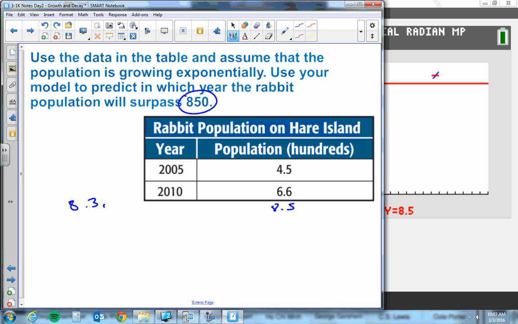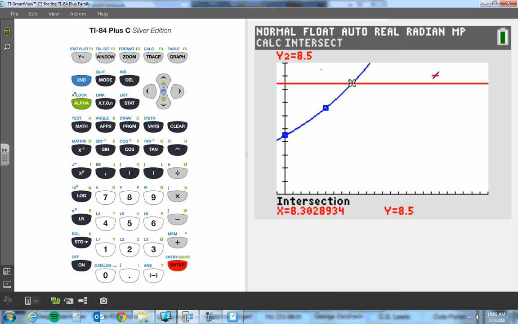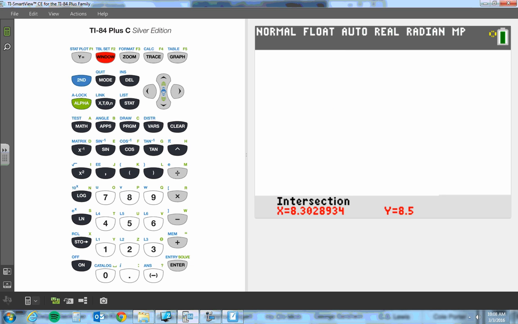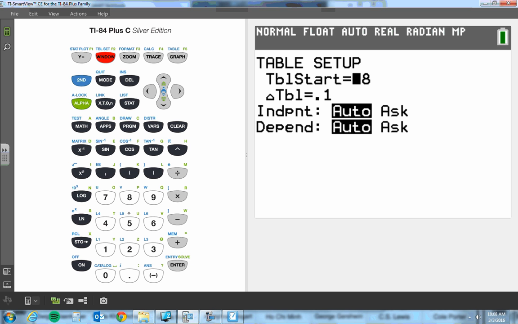Except for one thing. The question was phrased differently this time. Because now it said, in which year will it surpass 850? And so just watch. What I want you to do is go back to the table. I'm going to make this go by ones again.